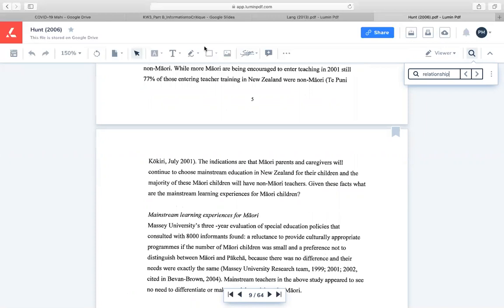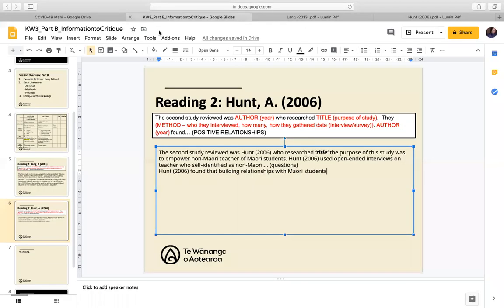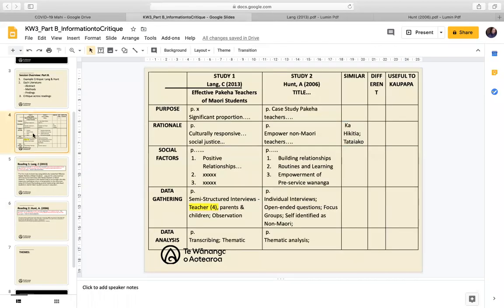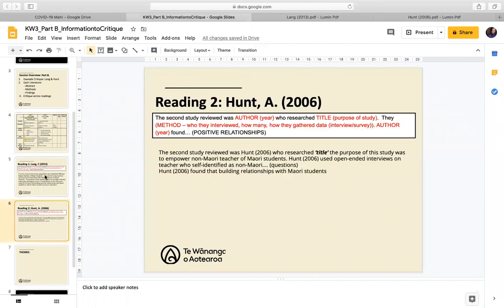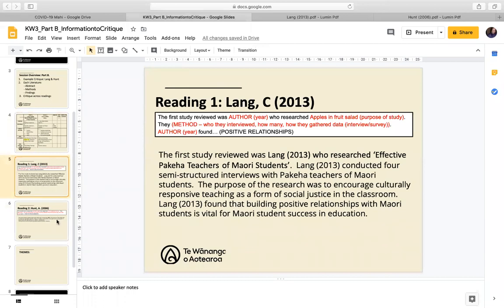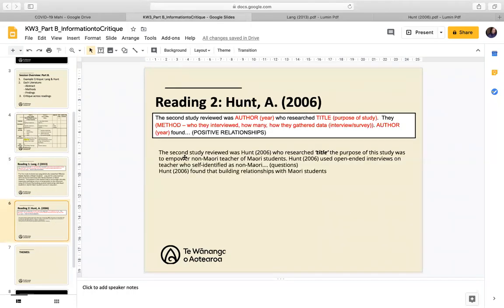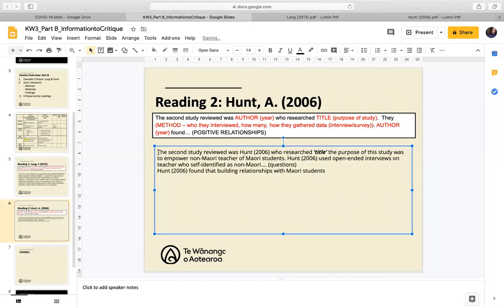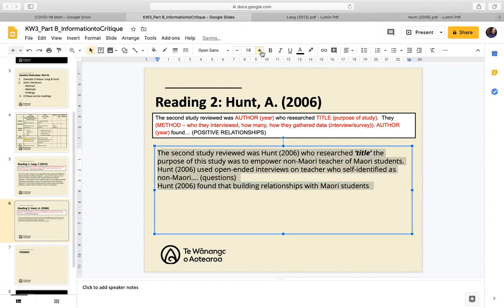So when you're creating your table here, the quality of that table really helps make writing this easy. It's easy to write this once you have read the article and really understand the different parts of the article.